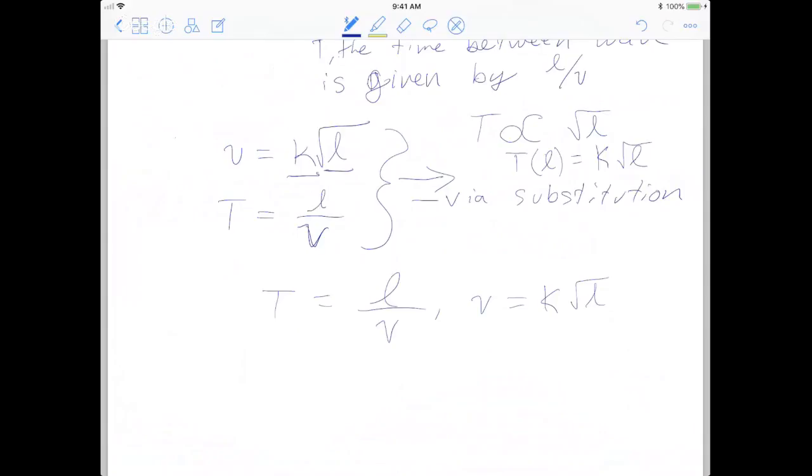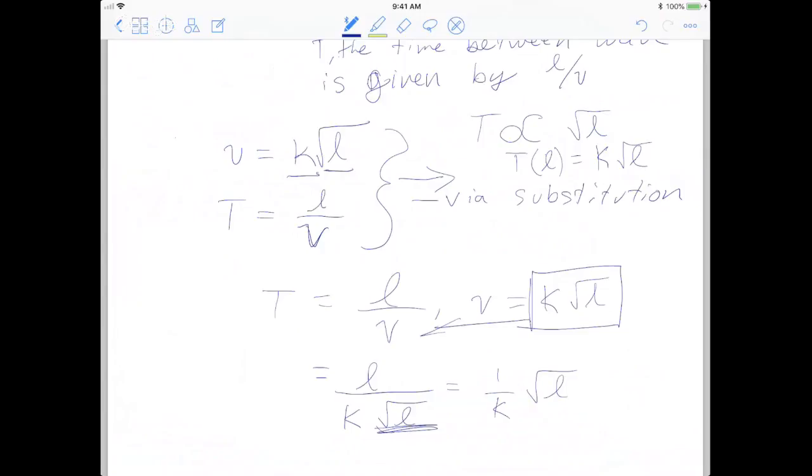Let's use what we know about V in terms of L. I'm just going to plug that in for V. What I get is that T is L divided by K times the square root of L. That simplifies to 1 over K times the square root of L, using our exponent rules, converting this to a 1/2 power down here.